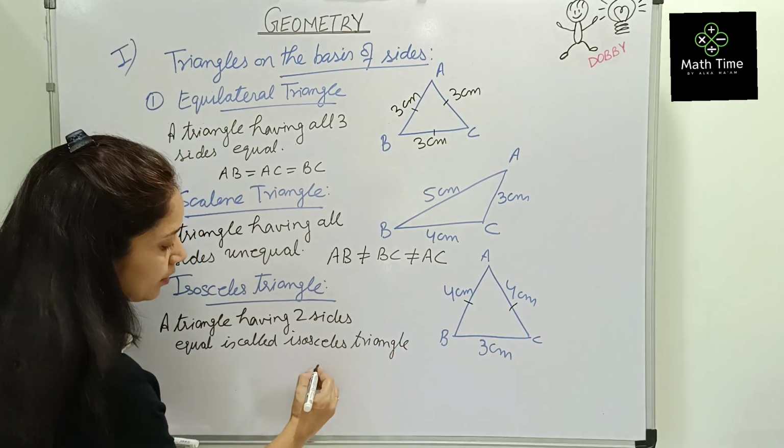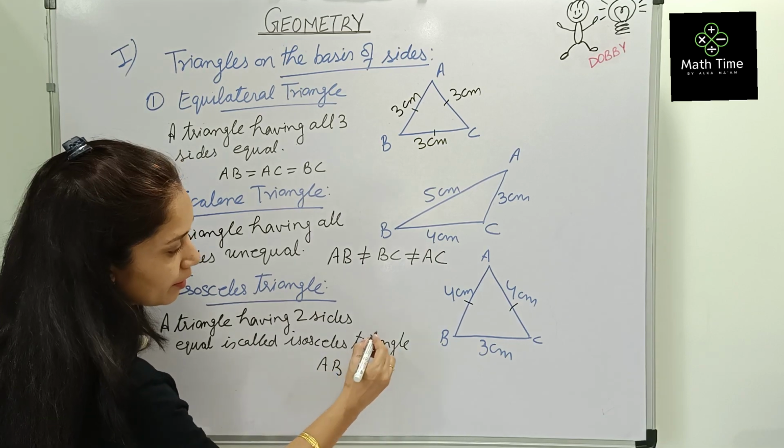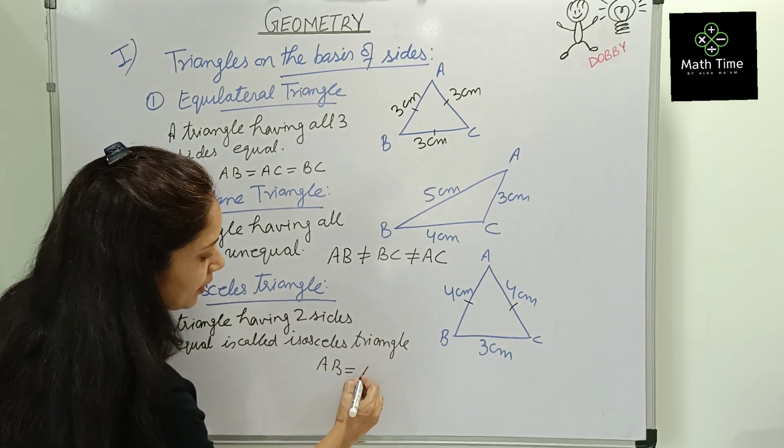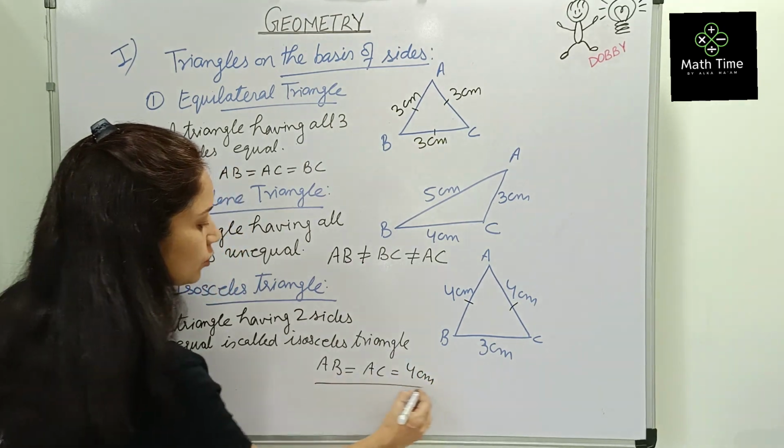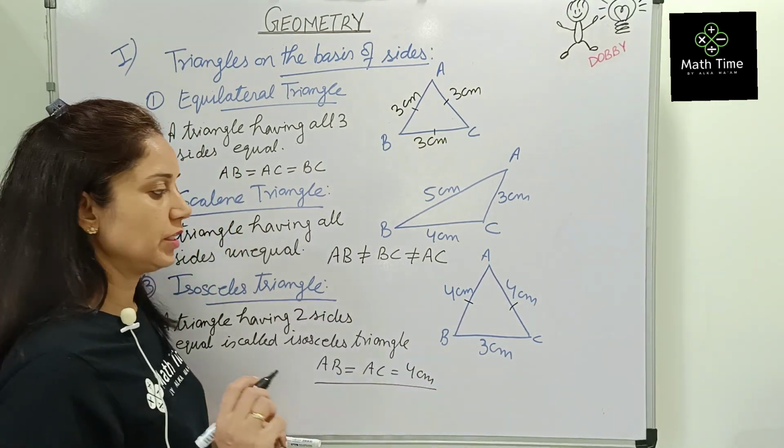So here AB is equal to AC, which is further equal to 4 centimeter. Two sides are equal, so yes, we can say it is an isosceles triangle.